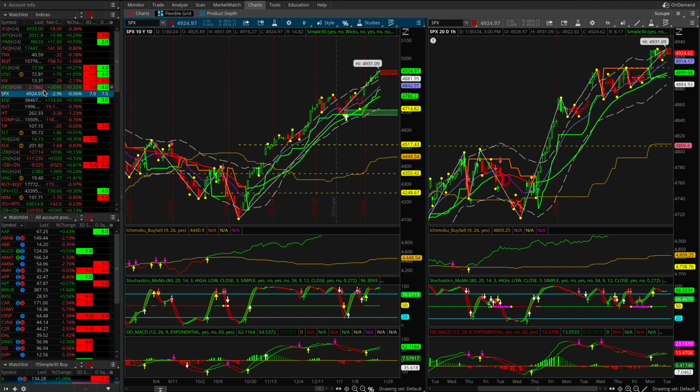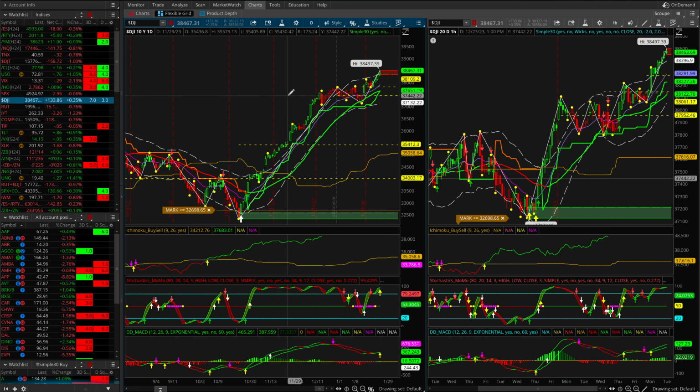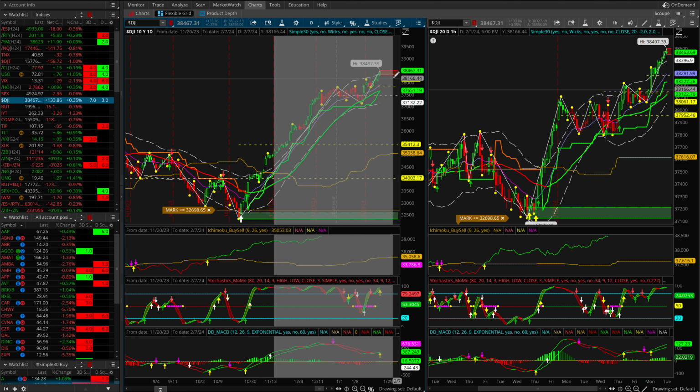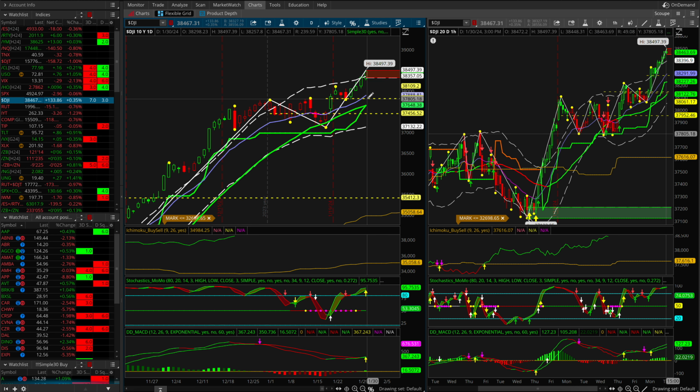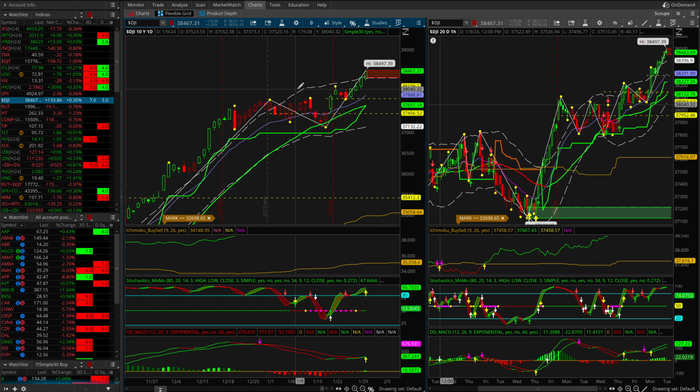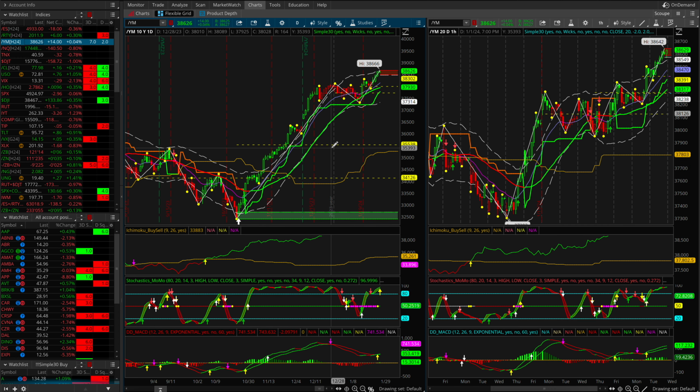And the Dow was up 133 points to 38,497 was the high. 38,467 was the close. Flip up here and just see that it doesn't look any really different.